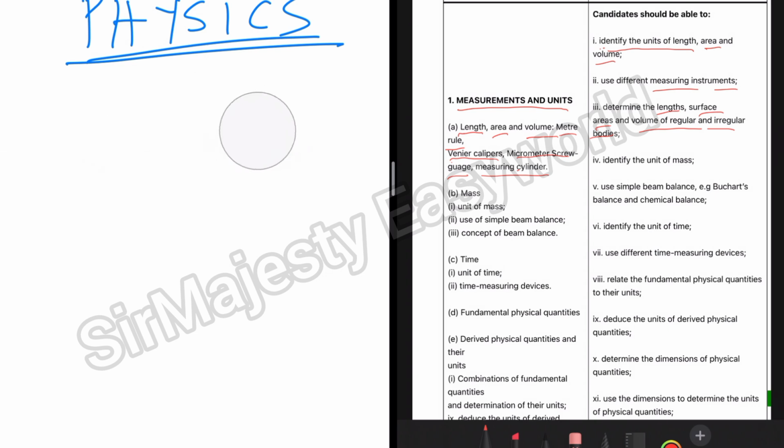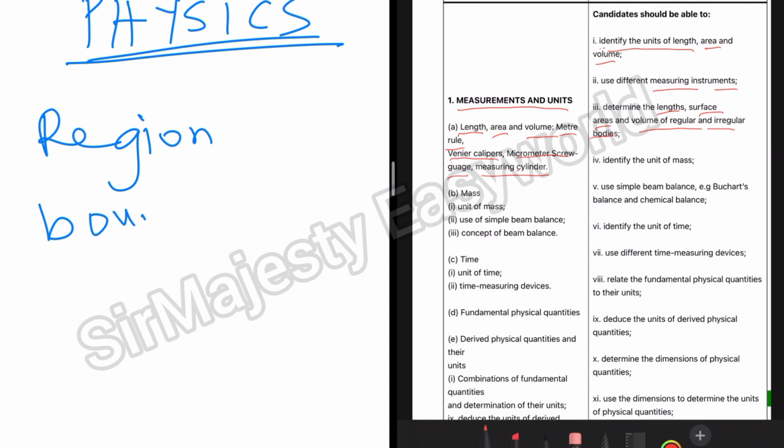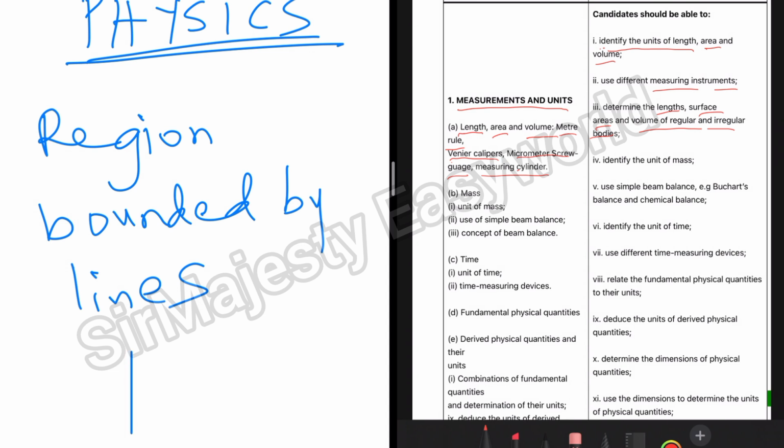And then, what exactly is area? Area is the region bounded by lines. For example, I want to find the area of this shape. This is a square.